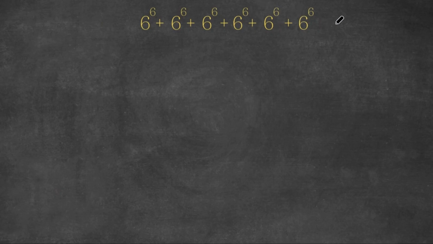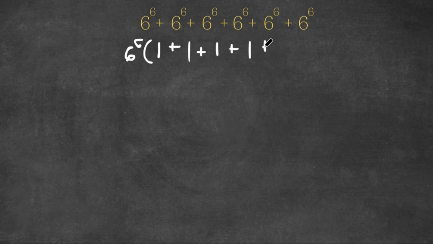Now, because all of these terms are the same, I'm actually just going to factor out 6 to the power of 6. So if I factor out 6 to the power of 6, I get 6 to the power of 6 times, now 6 to the power of 6 divided by 6 to the power of 6 is 1 plus, same thing, 1 plus 1 plus 1 plus 1, finally plus 1.